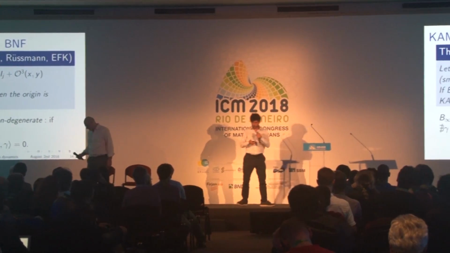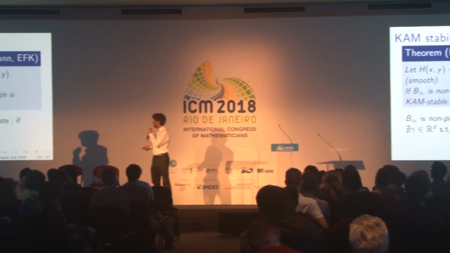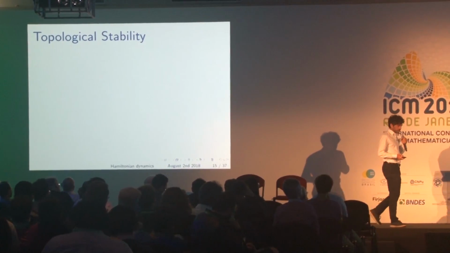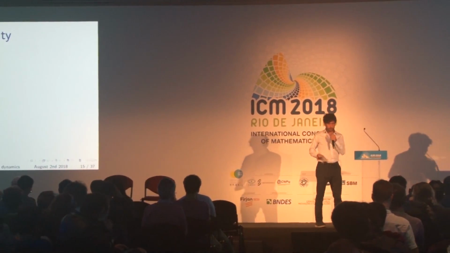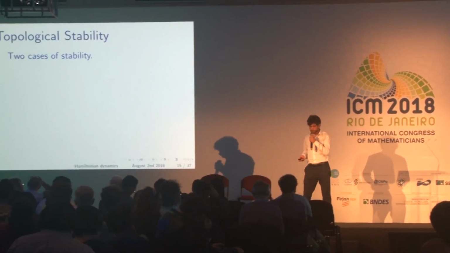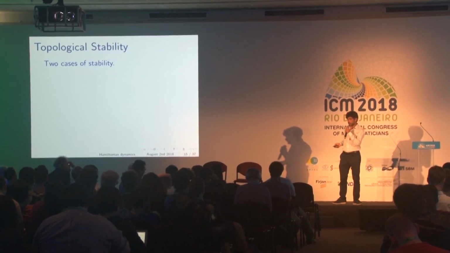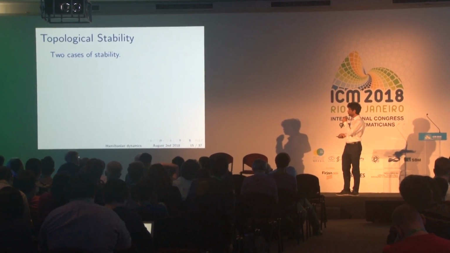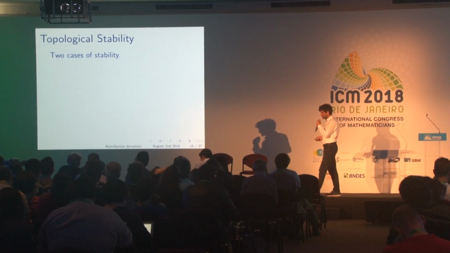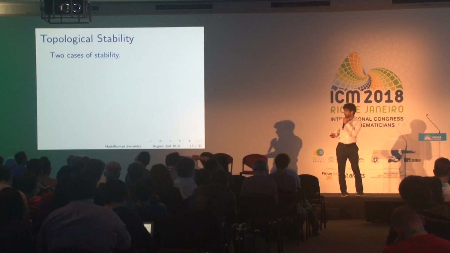Let me continue immediately with topological stability for analytic Hamiltonians. So topological stability is the stability in the sense of Lyapunov. And there is a famous conjecture by Arnold that says that apart from two cases, the Lyapunov instability of equilibria will be prevalent.